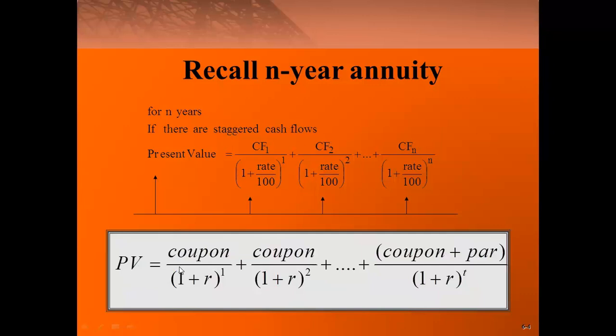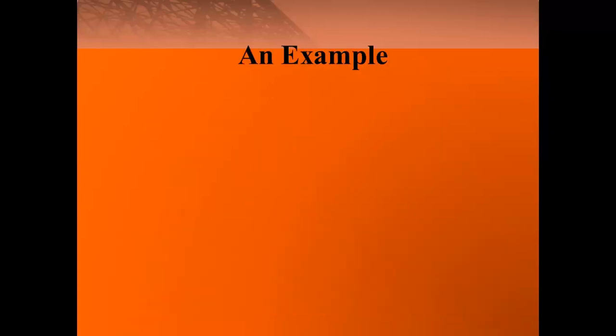The present value is the coupon received in the first year divided by 1 plus r to the power 1, the coupon received in the second year divided by 1 plus r whole squared, and the last cash flow has the par, or the face value, returned from the issuer to the bondholder. So coupon plus par divided by 1 plus rate to the power t. That is how we calculate the present value or the price of a bond.